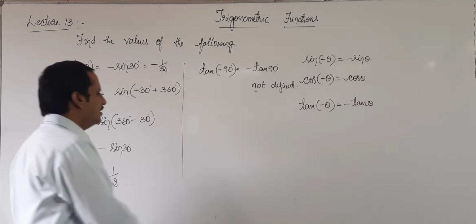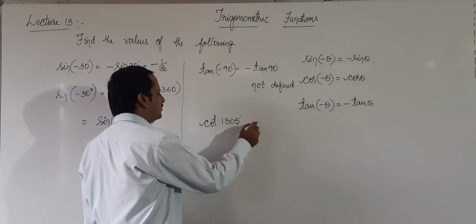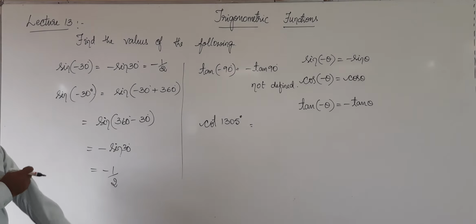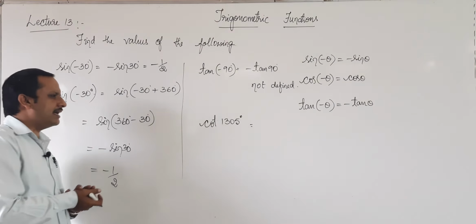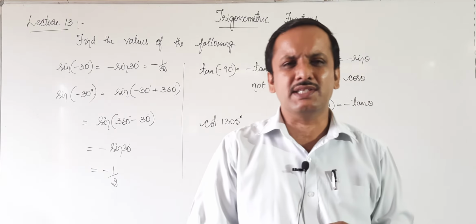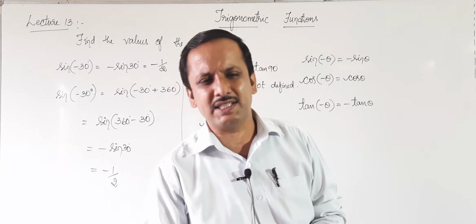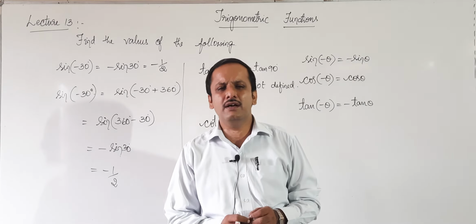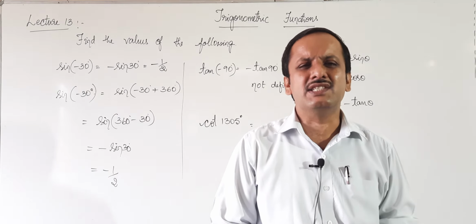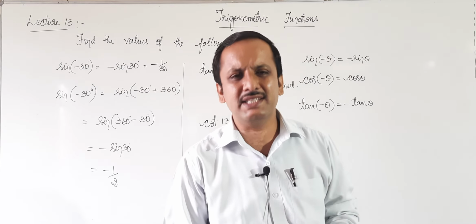Okay. Next. Cot 1305 degrees. When the angle is more than 360 degrees, what we do is we subtract 360, or any multiple of 360 degrees, in such a way that the angle comes in between 0 and 360 degrees, because then it is easy for us to solve.